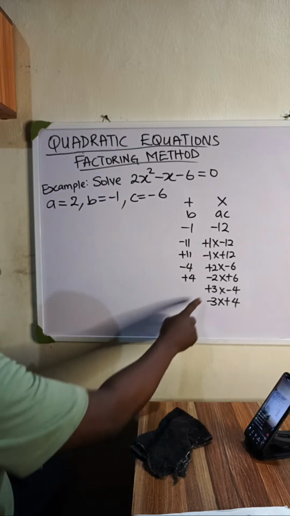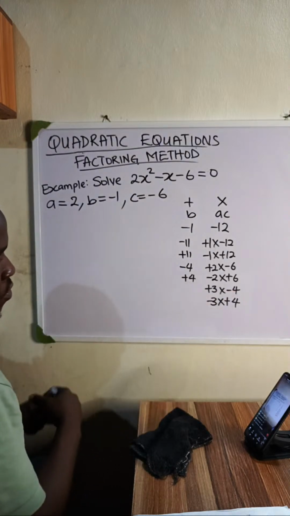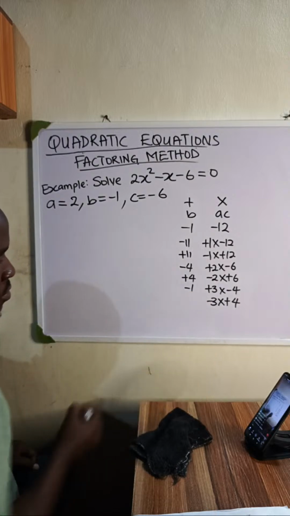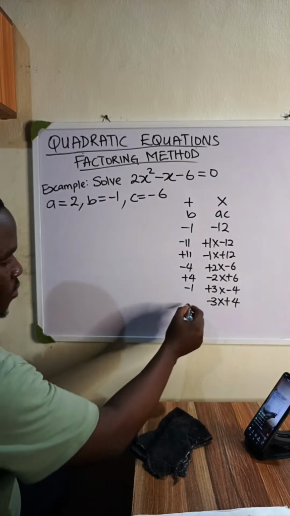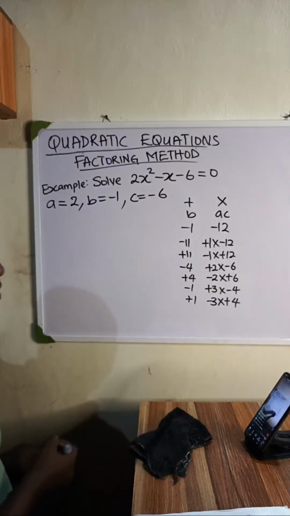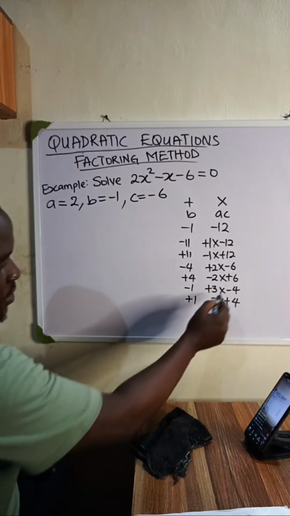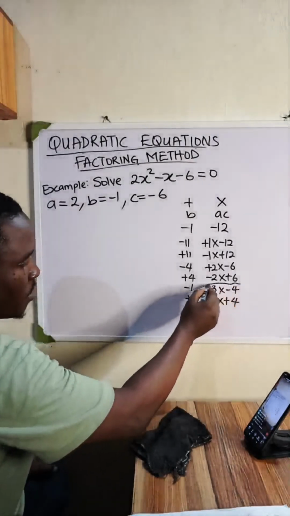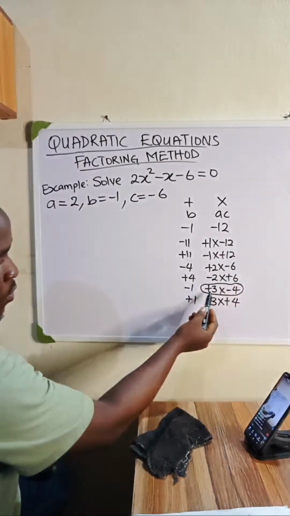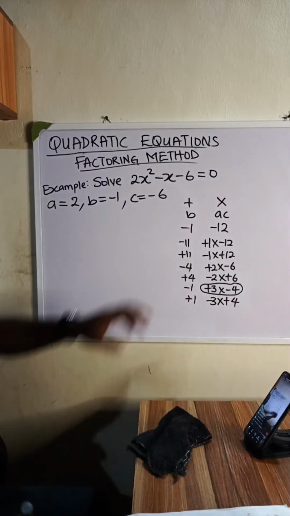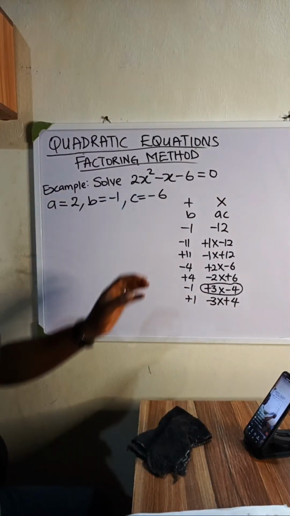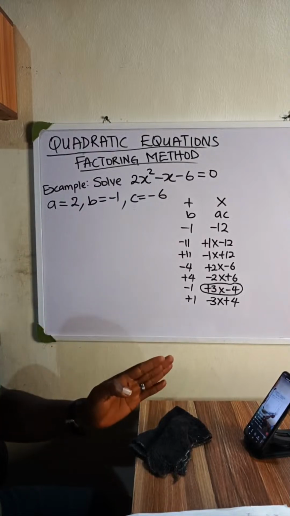Going further, plus 3 minus 4 gives us minus 1, and minus 3 plus 4 gives us plus 1. So among the groups, this is the group that we are looking for: plus 3 minus 4.